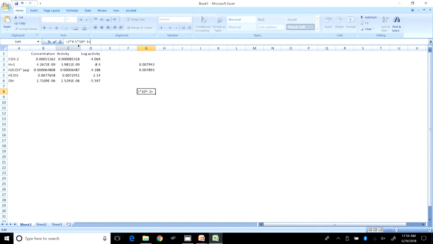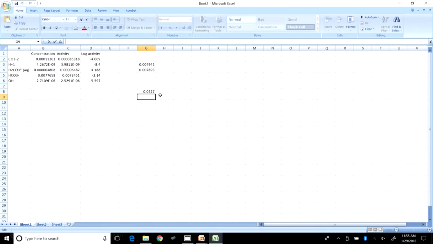So, 3 into the CO3 total once more, and what was that? That was 7.9 into 10 power minus 3. So, enter. I need to divide this by the total volume, which is 5.